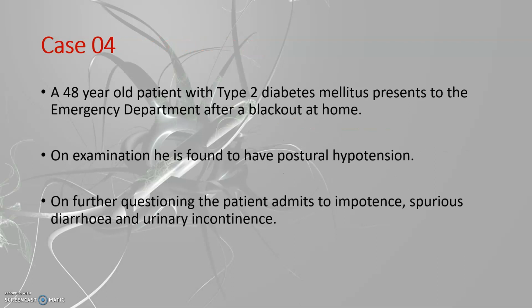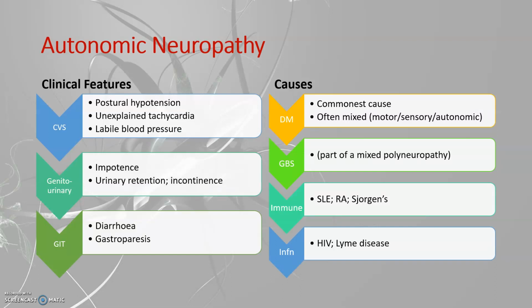Move on to case 4. A 48-year-old patient with type 2 diabetes presents after a blackout and is found to have postural hypotension. On further questioning, he admits to impotence, spurious diarrhea, and urinary incontinence. Again, just think about what might be causing these symptoms. So, this is an autonomic neuropathy.